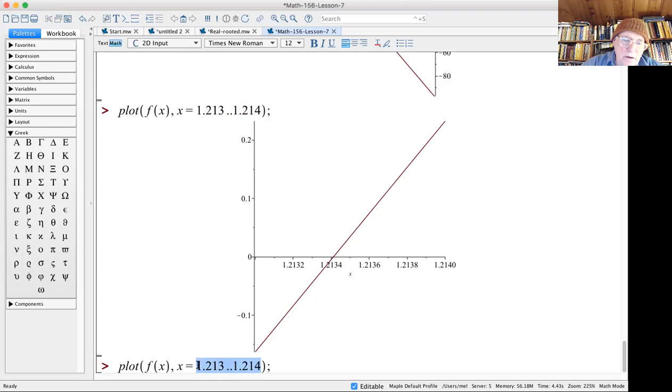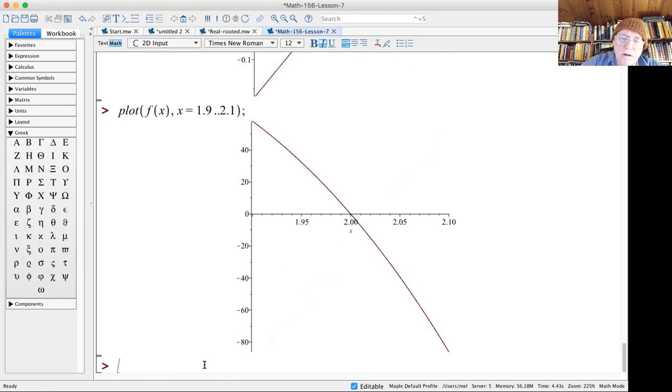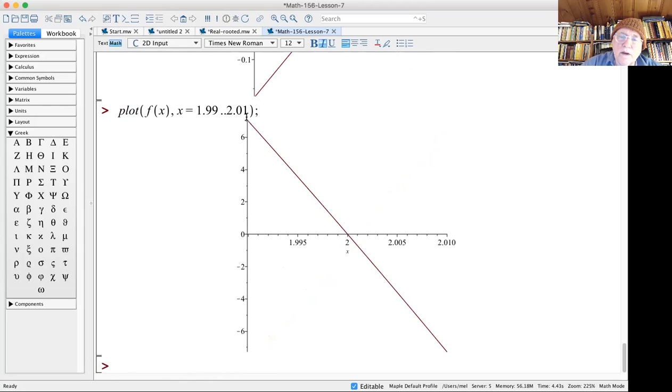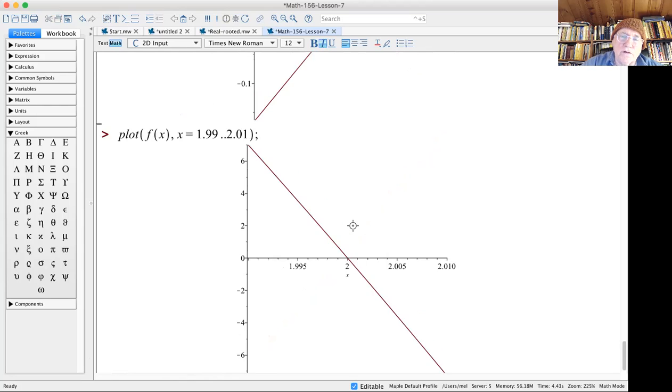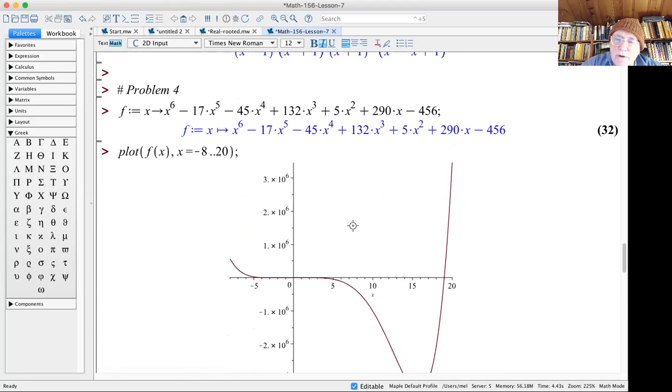We also have a solution that looks close to 2. So let's plot this from 1.9 to 2.1. 1.99, 2.01. Yeah, it looks like 2 is a solution. And then we had one more close to 19.